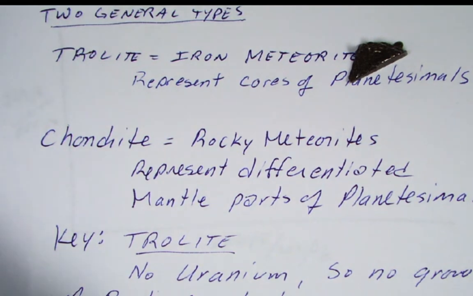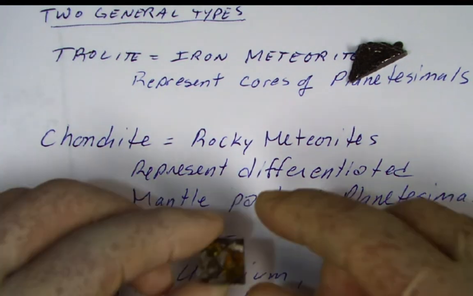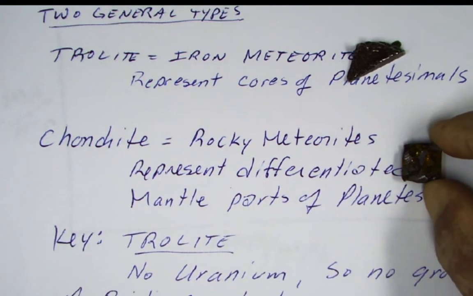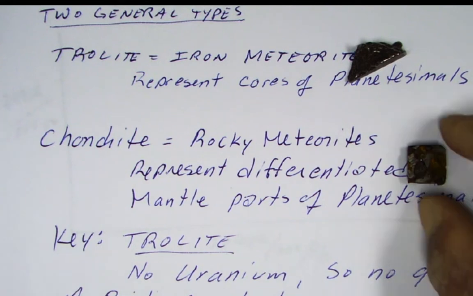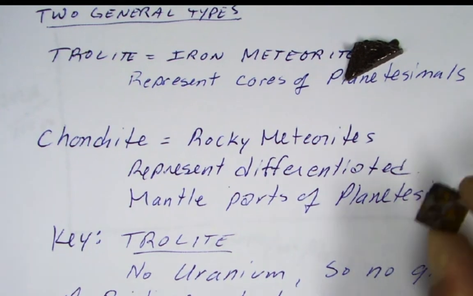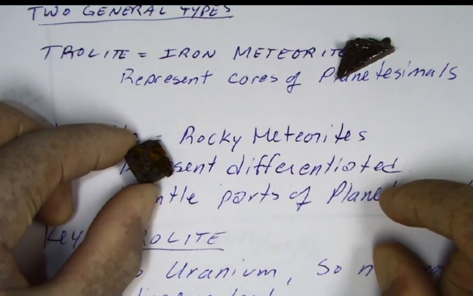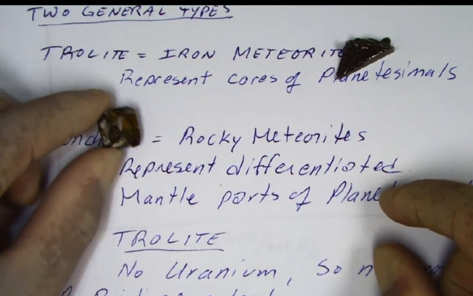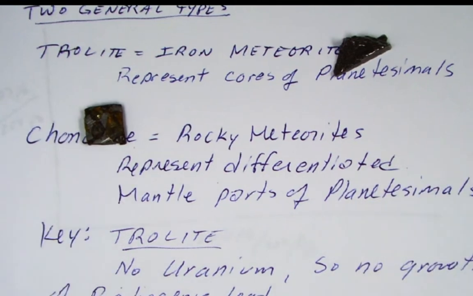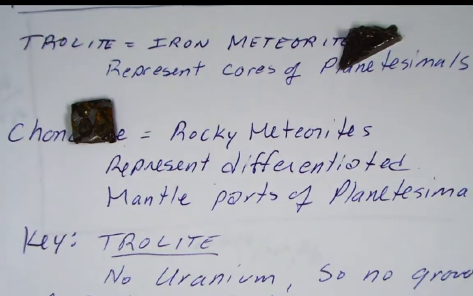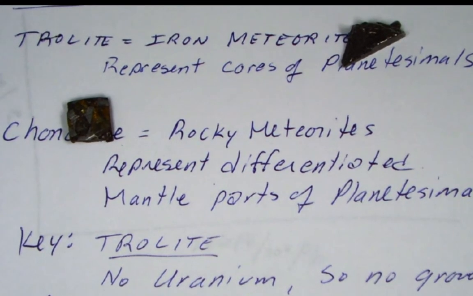I have an interesting one right here. Here's an iron meteorite, but this one actually has some minerals in it, olivine crystals. There's a pretty large olivine crystal in that one. That represents something where there's been some differentiation, where we're actually forming olivine crystals.